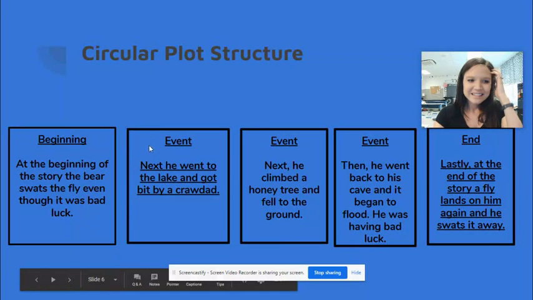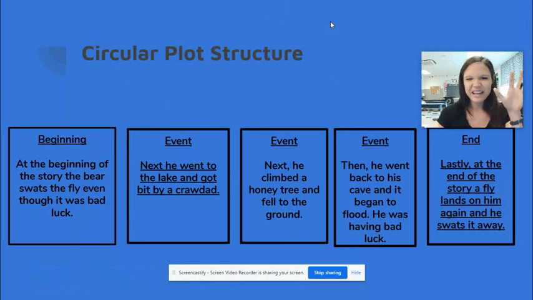Here's how we do this graphic organizer in class, so I went ahead and put that in. We have the beginning of the story: the bear swats the fly, even though it was bad luck. And then we have some events that lead to our ending. Next, he went to the lake and got bit by a crawdad.